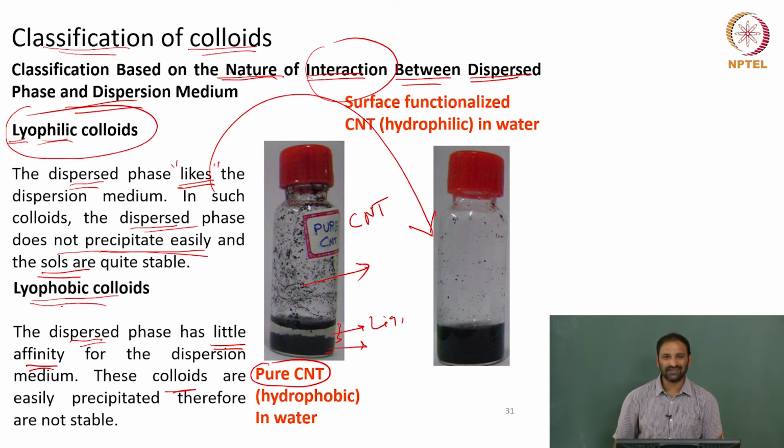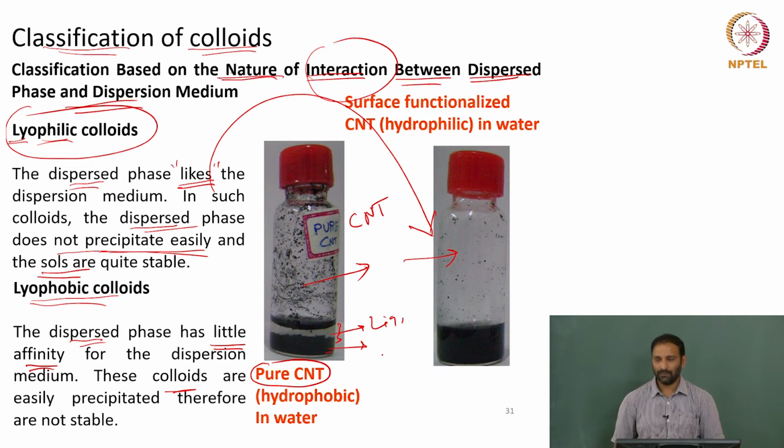I can also call them hydrophobic, because in this case the dispersion medium is water. They are examples of hydrophobic colloids which do not disperse in water and would like to phase separate. Now in this vial, we took exactly the same particles as received, and then did what is called a surface functionalization.